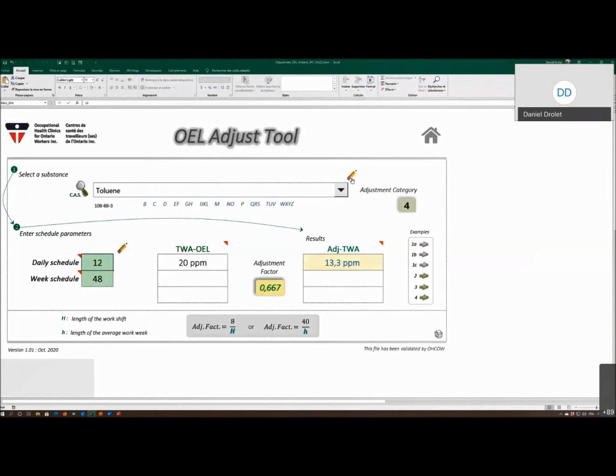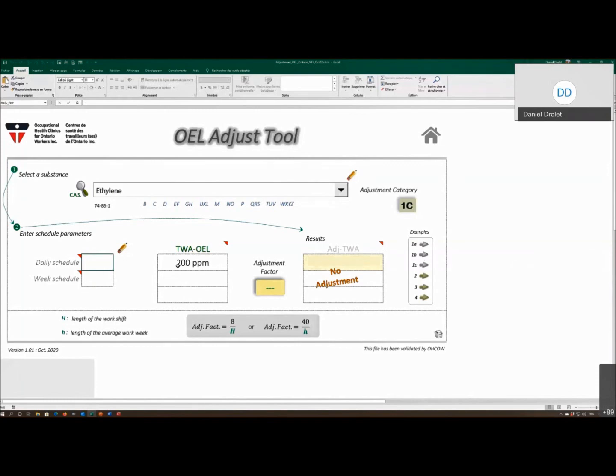I can delete that, and I can run a pre-formatted example. So let's say I select benzoyl chloride. There is no TWA, so no adjustment. Same thing for furfural, same thing for ethylene.